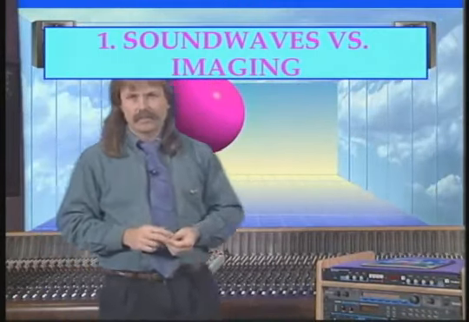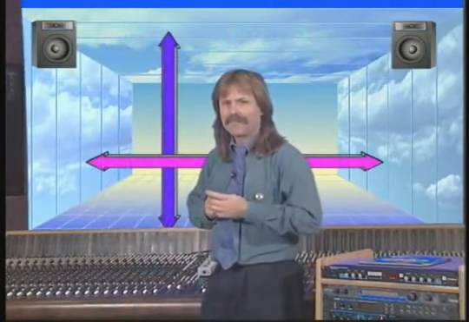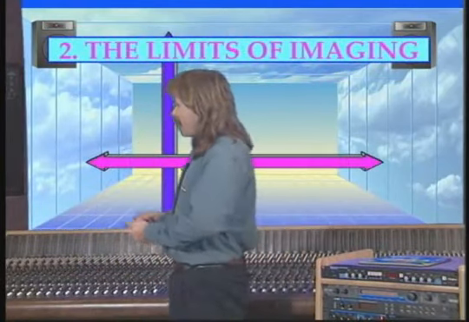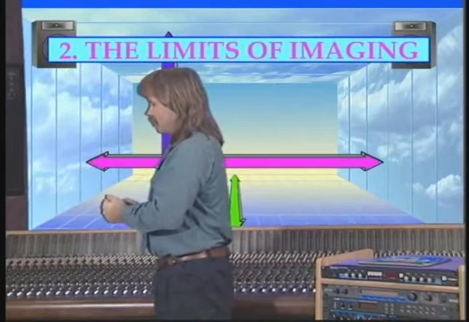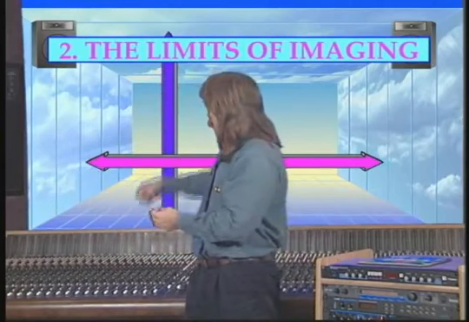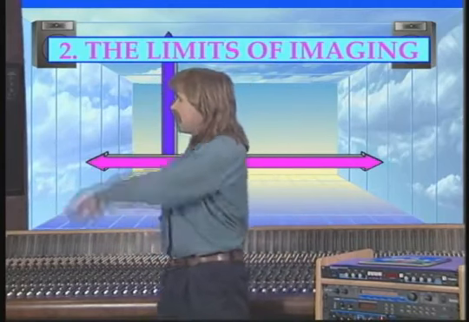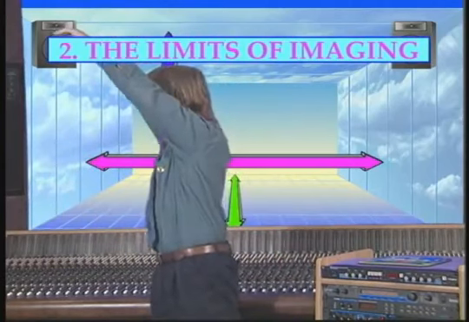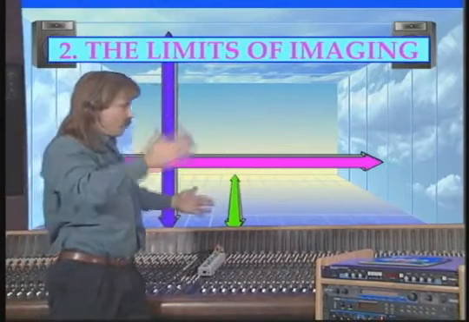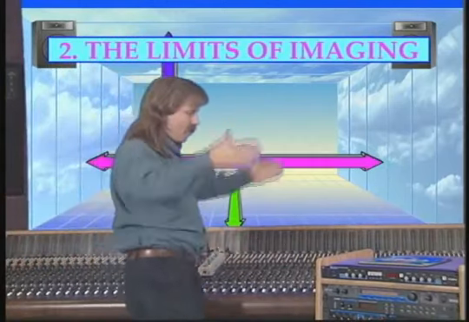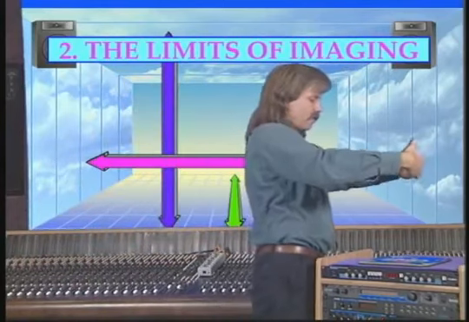This is imaging, the apparent placement of sounds between the speakers. We also learned about the limits of imaging. First, you normally don't hear sounds further left or right of the speakers themselves. Second, you don't hear sounds more than a couple of feet in front of or behind the speakers. And you don't hear sounds much higher than the speakers themselves. But we do hear sounds come through the floor.